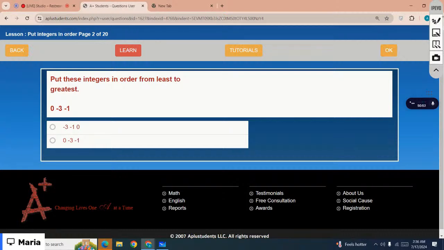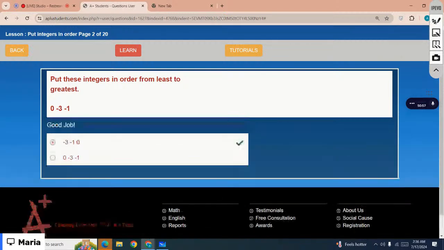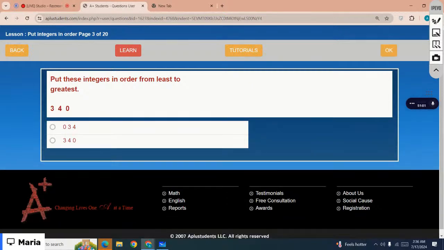Yes, option 1 is the correct option. Put these integers in order from least to greatest. So which is the correct option?